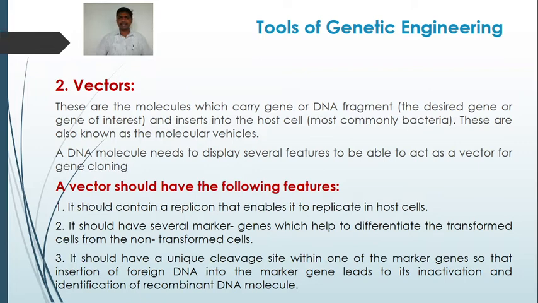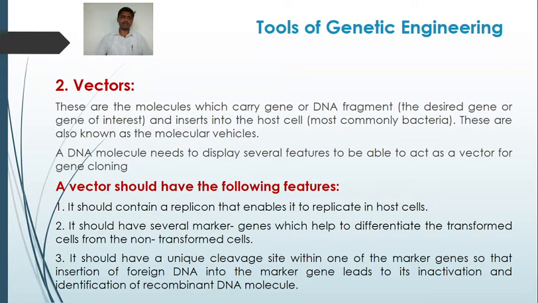What happens during gene cloning or in genetic engineering is that a desired DNA or a gene of interest is combined with a vector DNA to produce the recombinant DNA, and such recombinant DNA is transformed into the host cell. Now in the host cell we have to find out which cells are transformed by the recombinant DNA and which cells are not transformed.